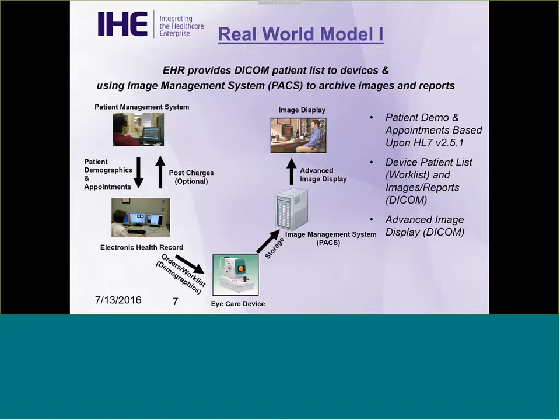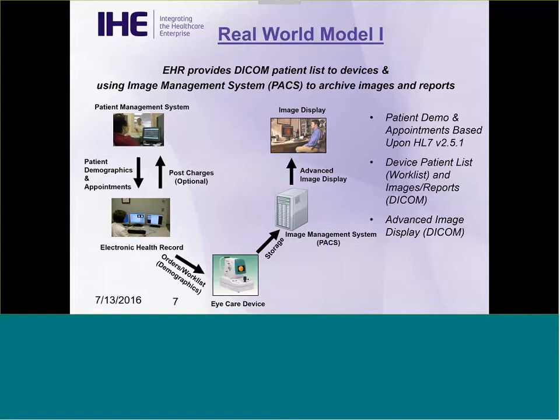So after that is done, then what's going to happen in RealWorld Model 1 is your EHR basically will use DICOM to create work lists onto your devices. So now we're into the DICOM world. So the EHR is really kind of the glue in the middle in this model that manages both HL7 capabilities and also DICOM.